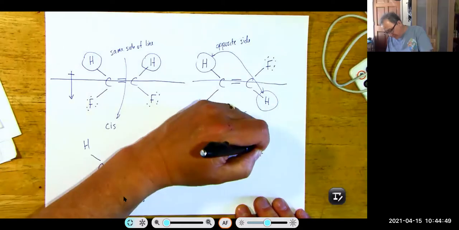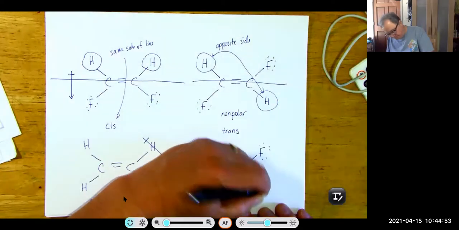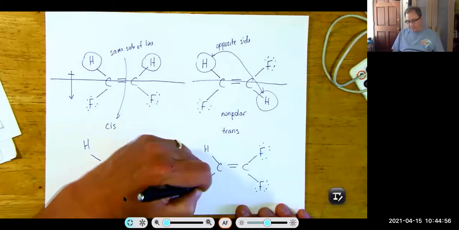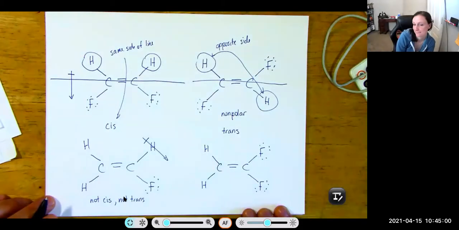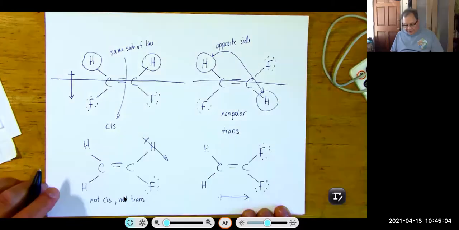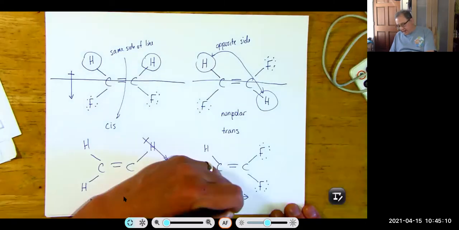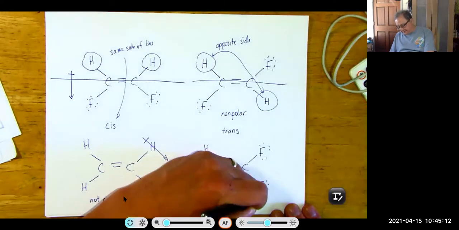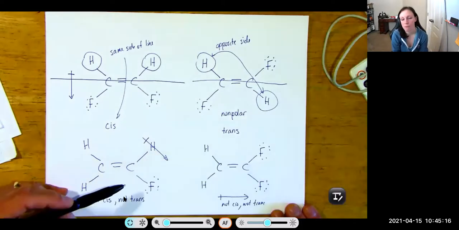Now, how about this one? Is this polar? Yeah. Most definitely, right? Is this one cis or trans? Not cis, not trans. So the divide has to be a horizontal one?